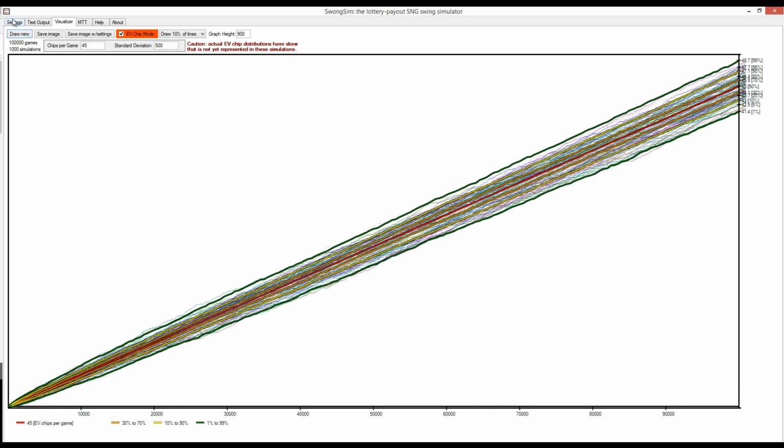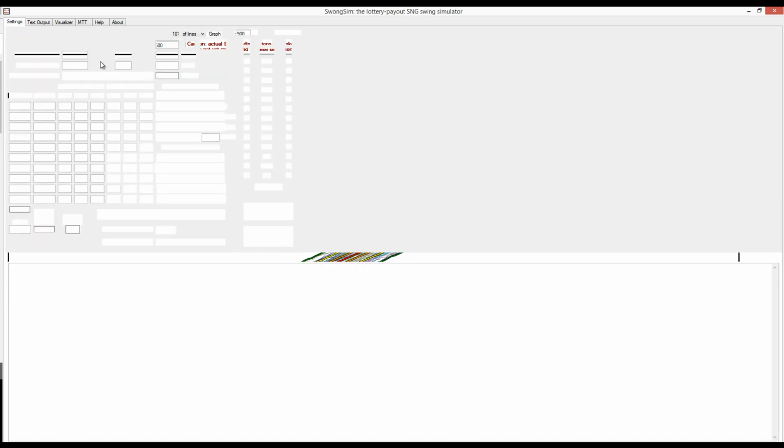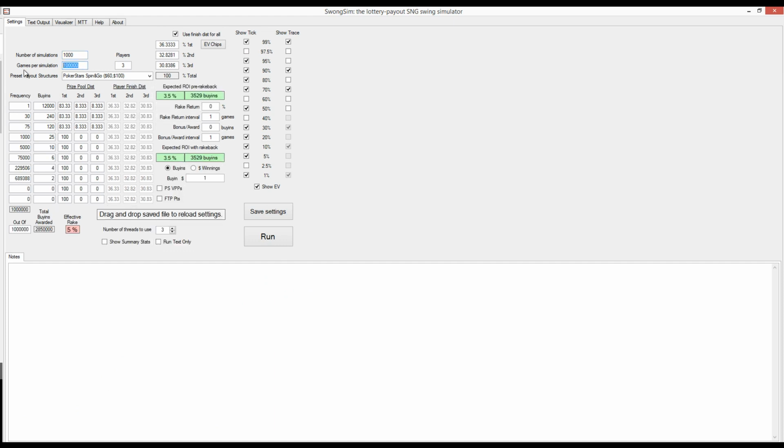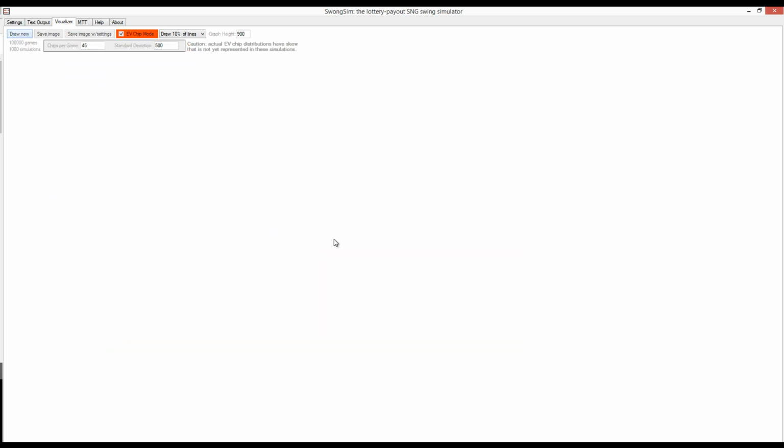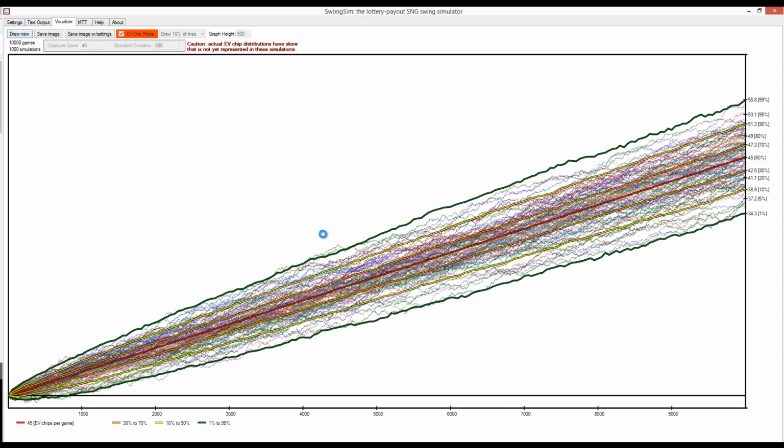If we look at a smaller sample, so let's do something like 10,000 games, what we'll find is that there's still a pretty good spread in your chip EV results. But again, it's significantly better than real results.